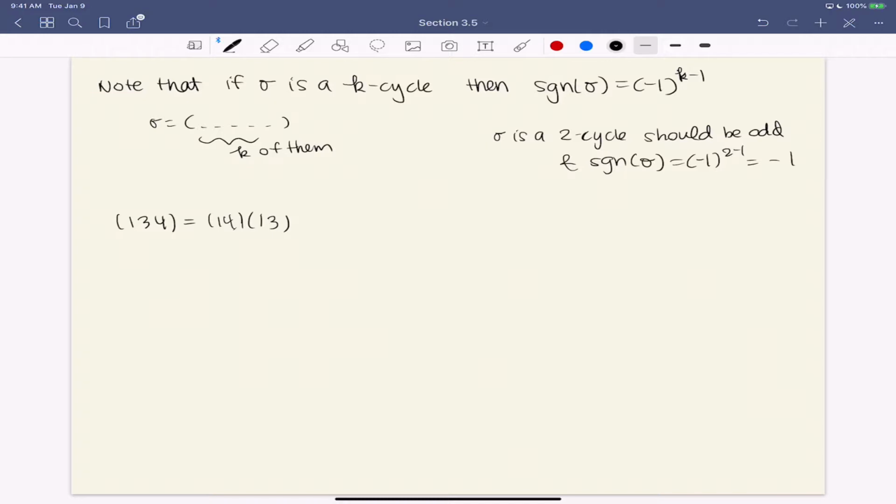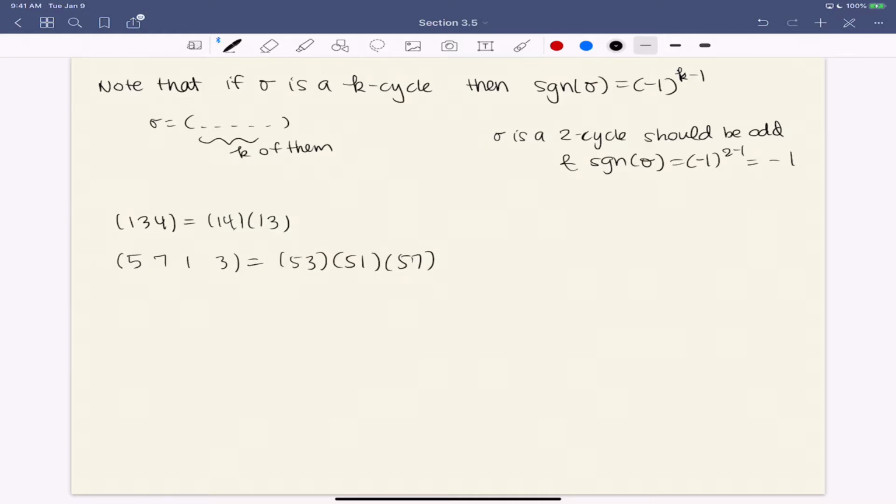So you see, in general, you can always do this. If you have (5 7 1 3), you do (5 3)(5 1)(5 7), where this (5 7) takes care of the 5 and 7. If you want to know where 7 goes, first 7 goes to 5, and then 5 goes to 1, so 7 goes to 1.